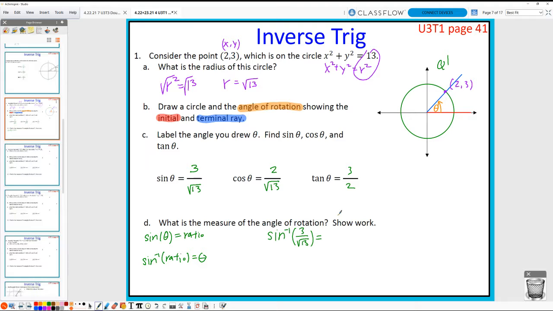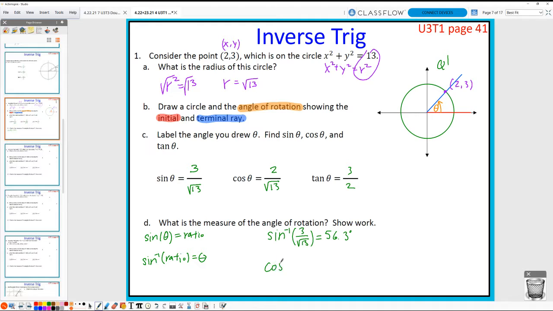Make sure to have it in degree mode. We haven't learned radians just yet, which we will coming up next topic, but I want to make sure I have it in degrees. I have a TI-83, so I click second sine, which is the inverse. 3 divided by the square root of 13 gives me 56, and I'm going to round to the nearest tenth, 56.3 degrees.